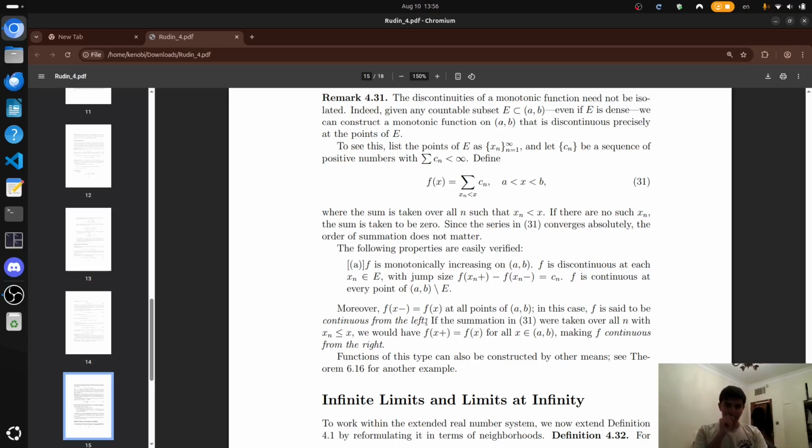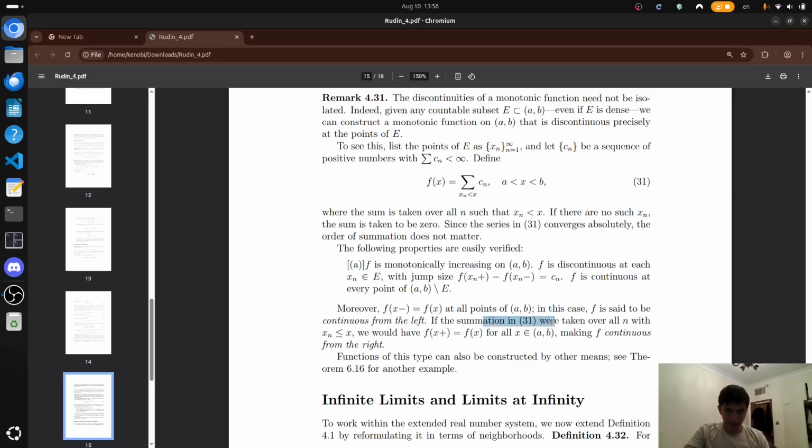And that means that when you're approaching from the left, you're taking all the previous values without considering that jump. And since f(x) before that jump is all those values not considering that jump, it will give you the same thing as f(x).